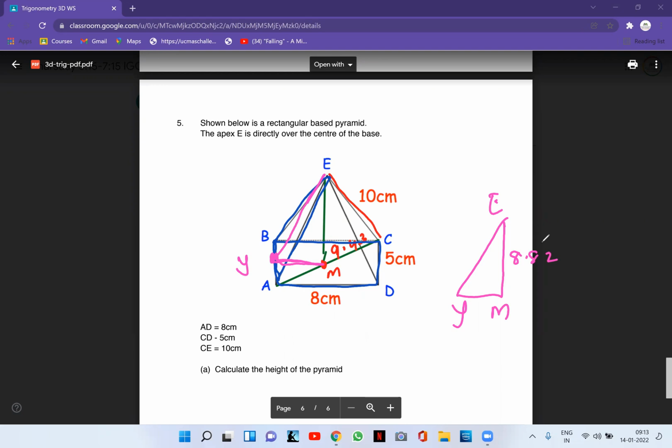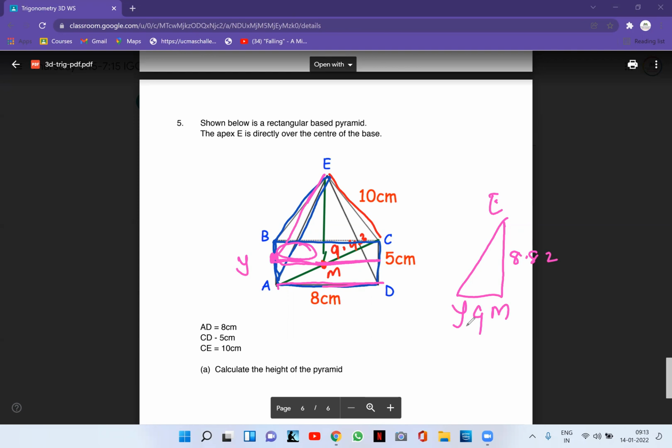What is my MY? Let us see how we will do this sum. Look here, kiddos. This whole thing is 8, so this will be half of 8. So this MY will be 4, right?